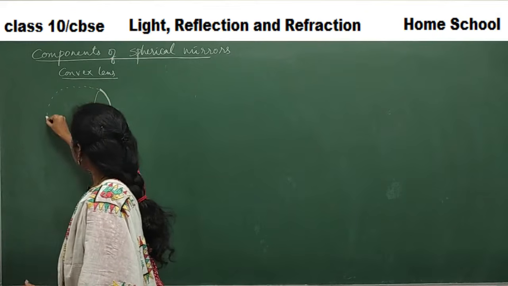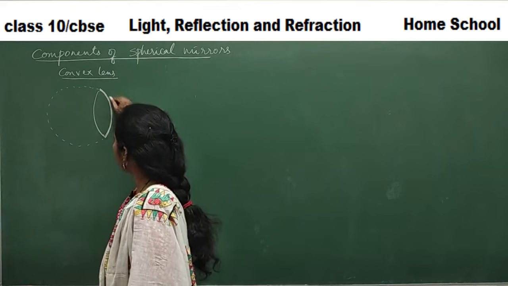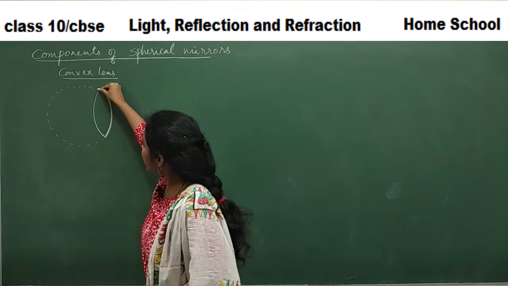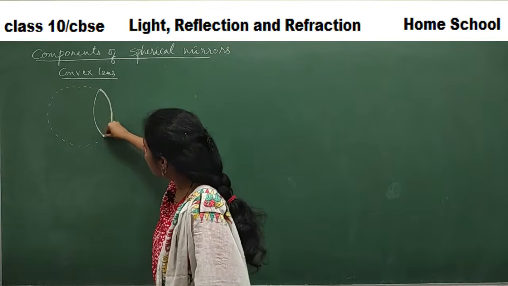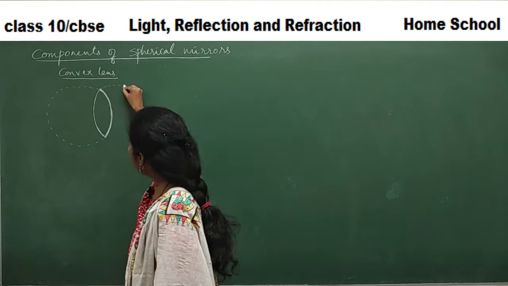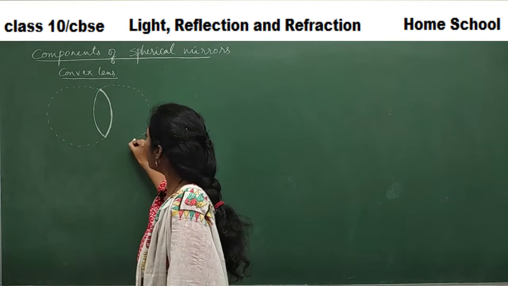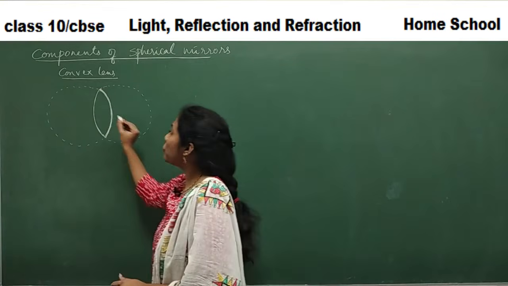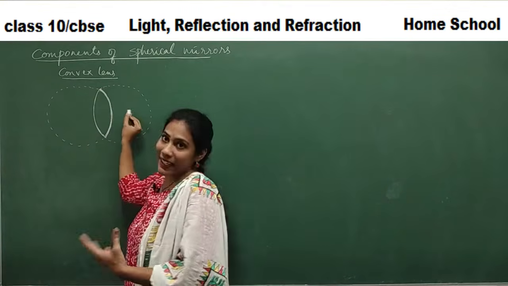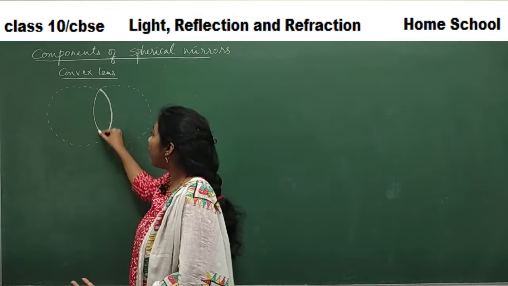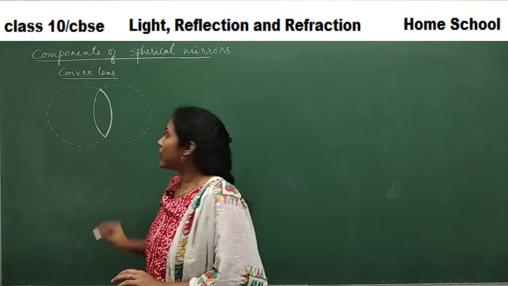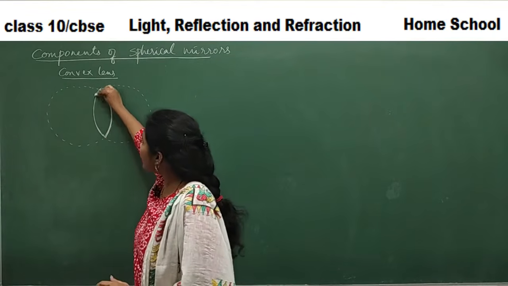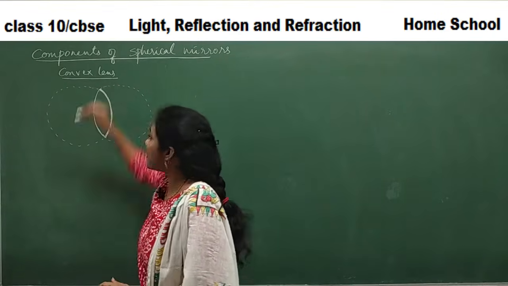Say that sphere, this is my imaginary sphere. This is a part of this sphere. And coming to this side, this particular bulged side, this is a part of another sphere. Yes or no? So like this, actually 2 spheres we can imagine from a particular lens. So this curve is out of this sphere and this curve is a part of this sphere.